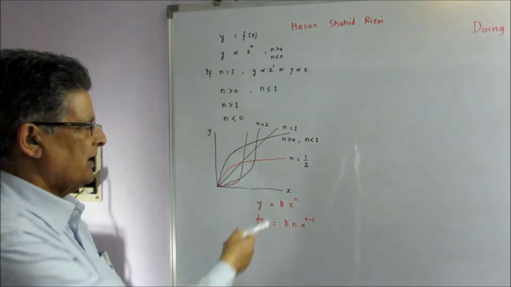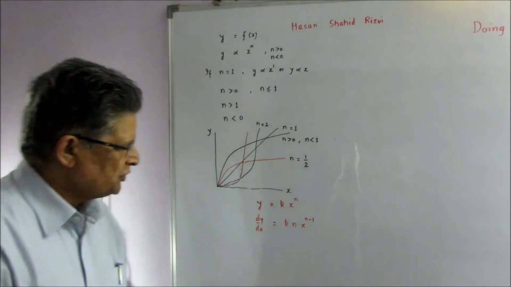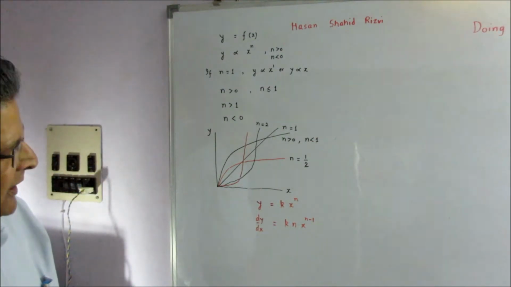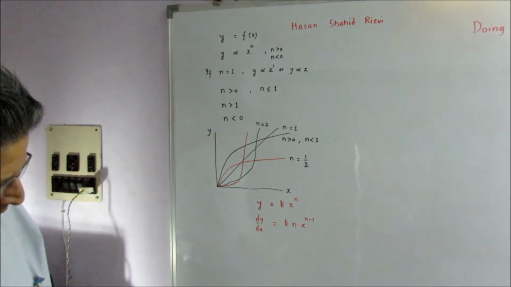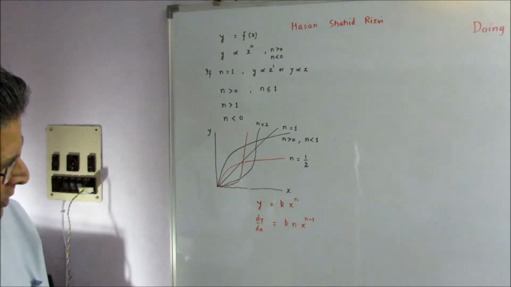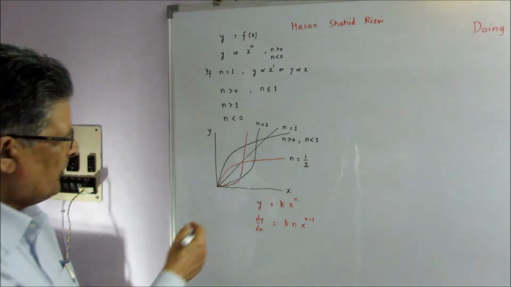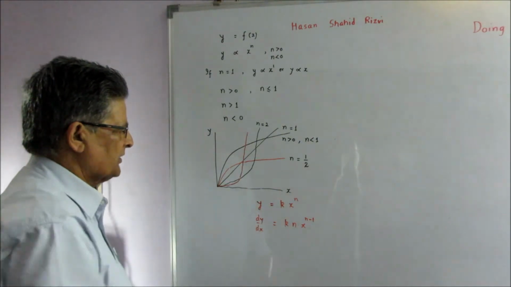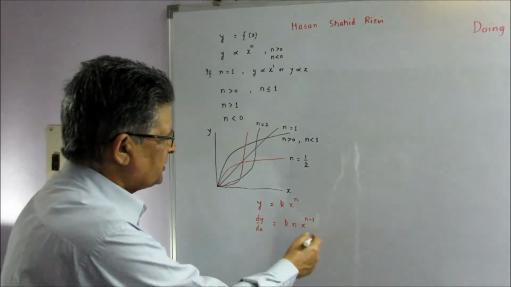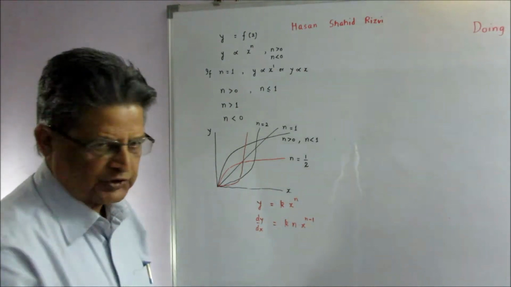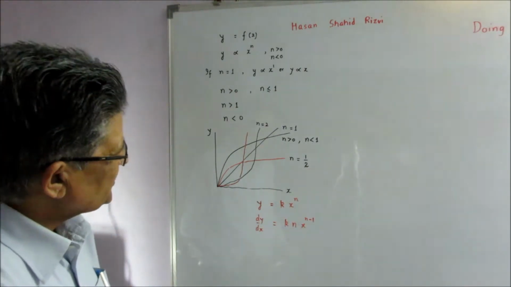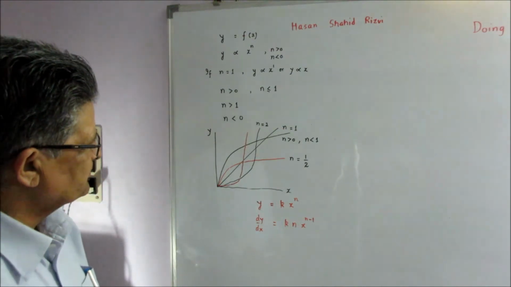Here the n can take any values, and accordingly you can see one thing which I want to place here is that the slope of the curve dy dx keeps on changing as the value of x is changed. So the system becomes a nonlinear one.